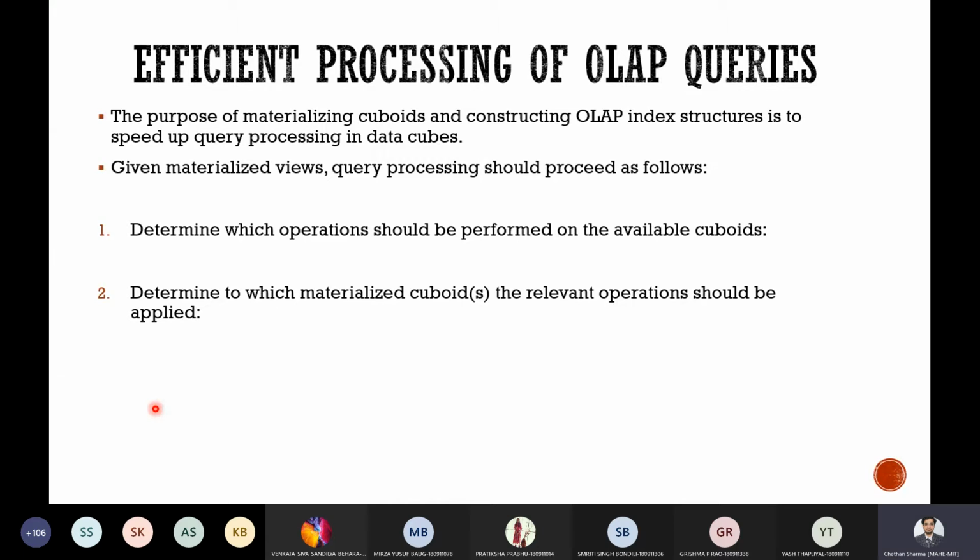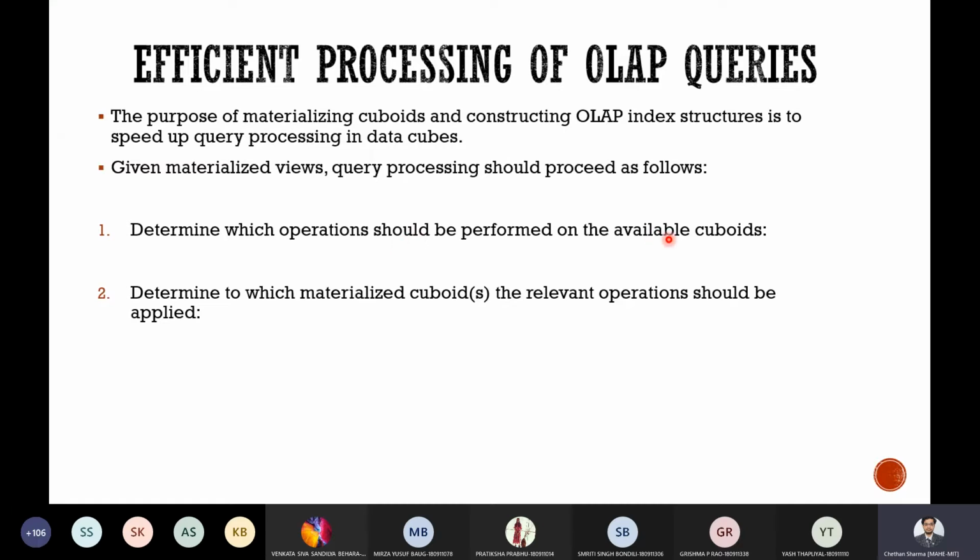So the next topic is efficient processing of OLAP queries. Basically, there are two steps in query processing you should follow. One is to determine which operations should be performed on the available cuboids.